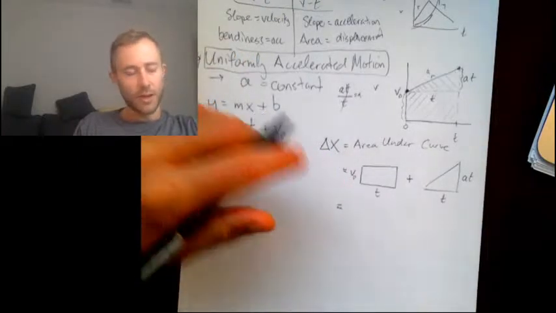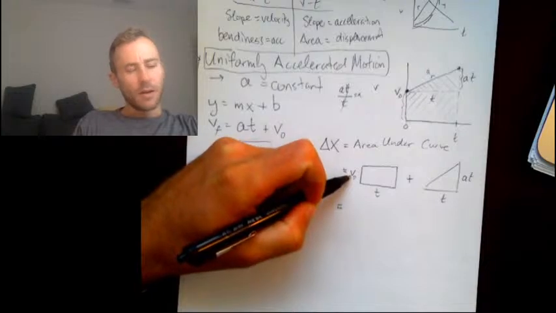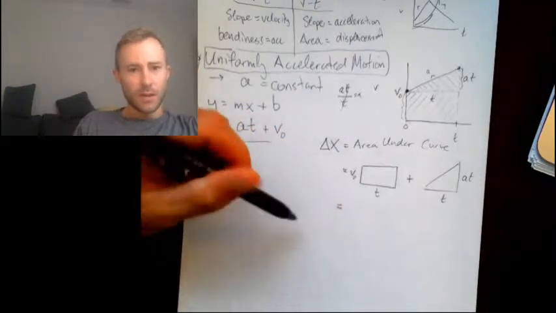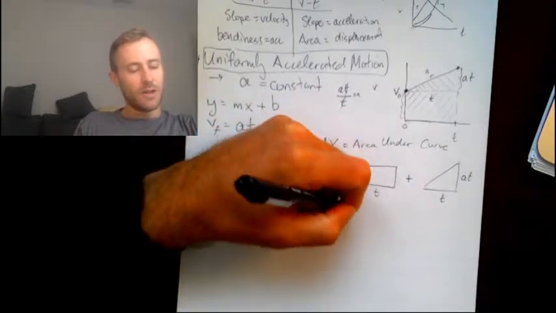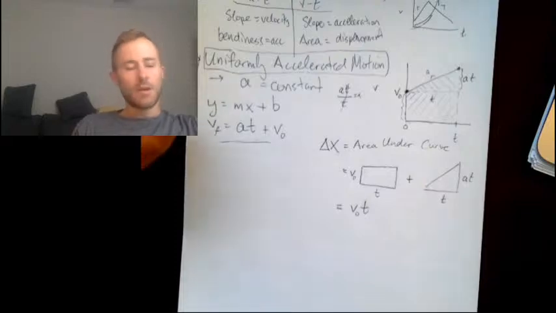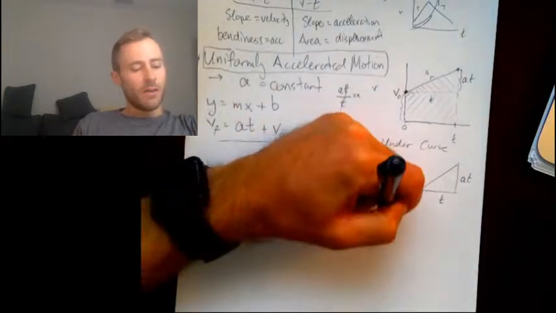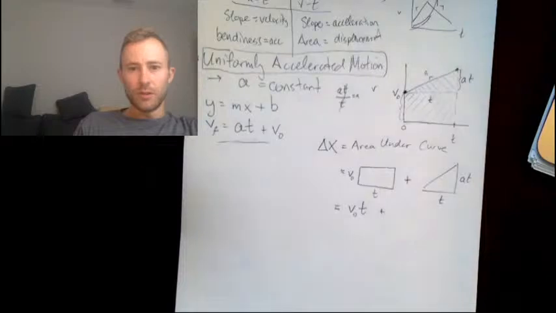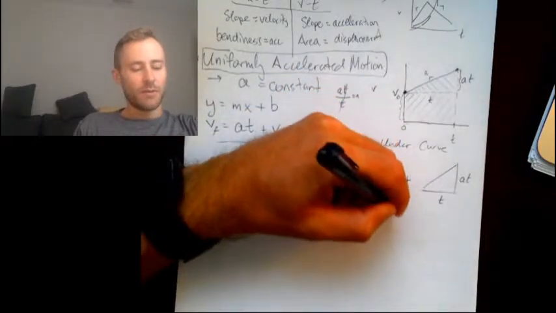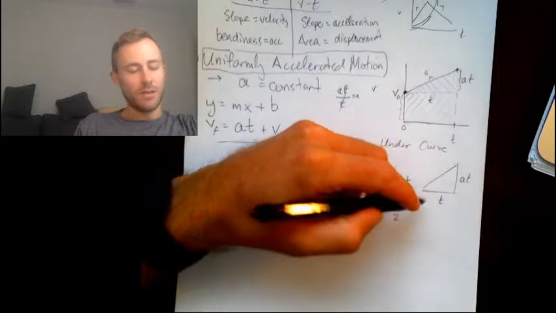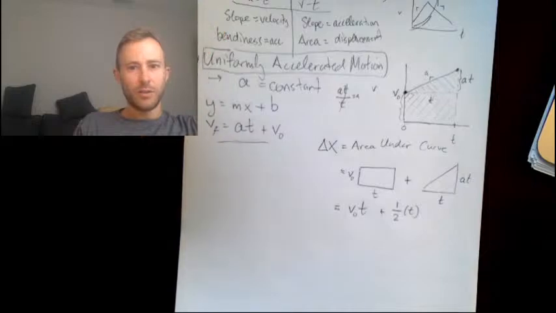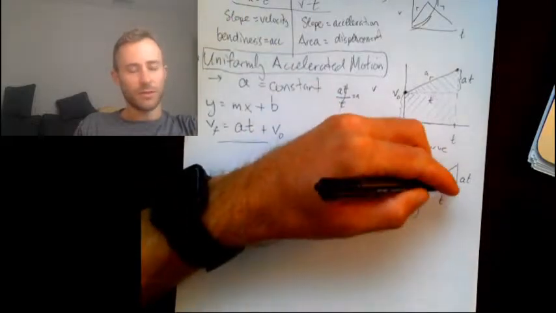Now we just use the formulas for the areas of triangles and rectangles. The area of a rectangle is base times height, so the area is going to be v naught times time. The area of a triangle is 1/2 base times height, so it's going to be 1/2 times base, which is t, times height, which is at.